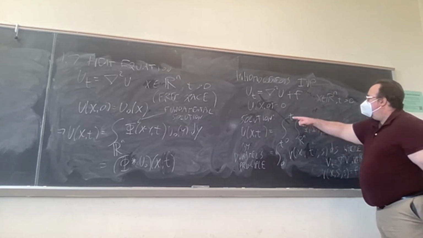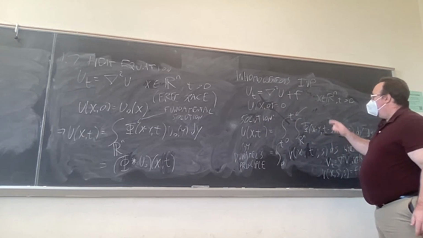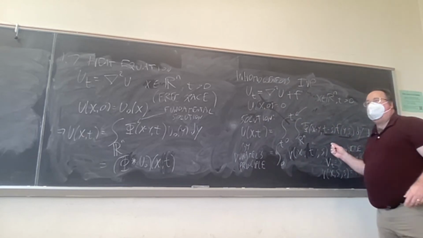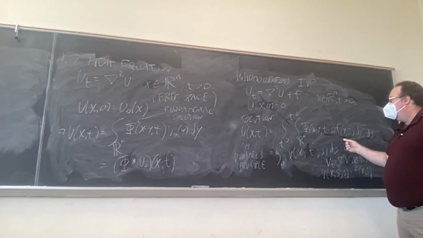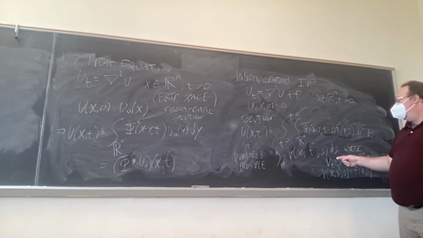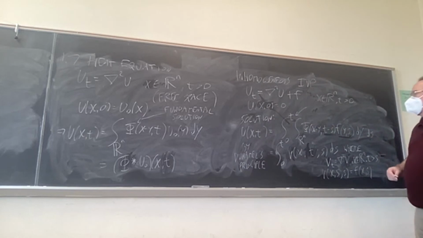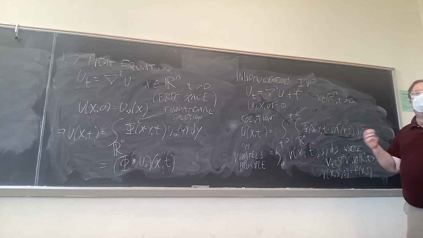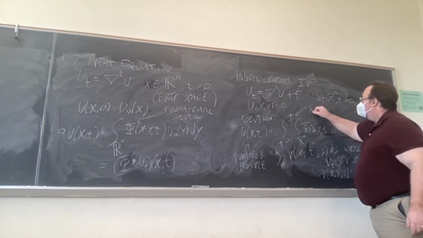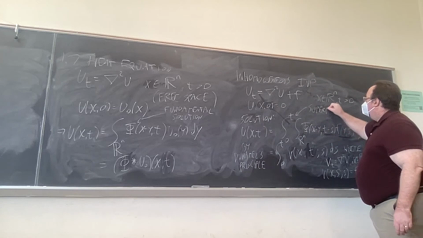And this integral is used to combine all of these solutions, because you could think of this as a solution of a homogeneous problem for each individual s, each instant s. And by integrating, you're adding them all together. That's an example of what we call superposition.